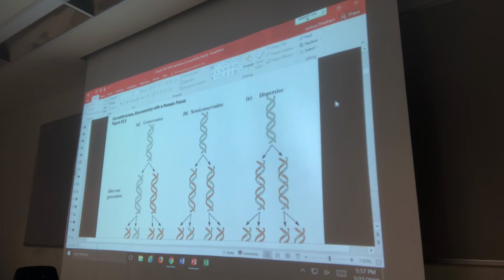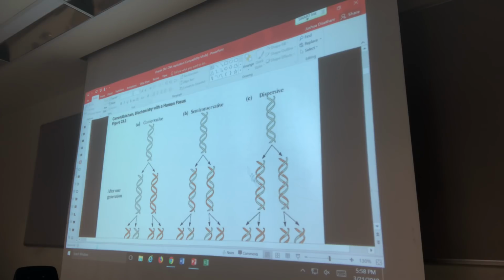Dispersive theory is pretty crazy. It is a little more disordered than the semi-conservative theory. Semi-conservative theory is you just nicely unwind the 2 strands of DNA from each other. Dispersive theory is you break it into a random assortment of pieces, fragments of template DNA all over the place, and then you kind of just hope to piece them together with new DNA.